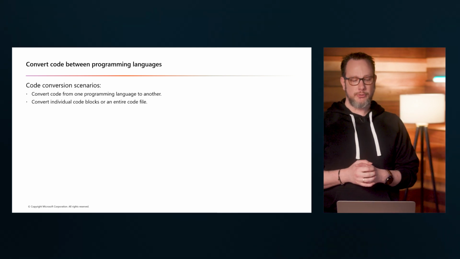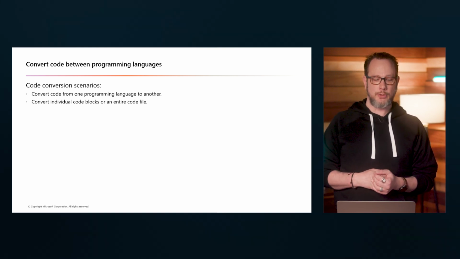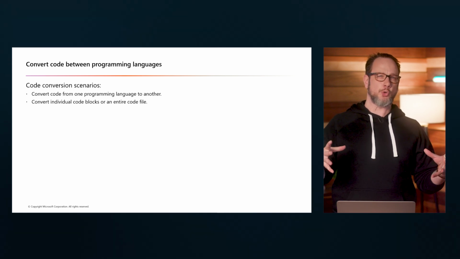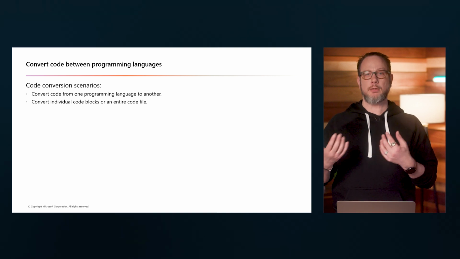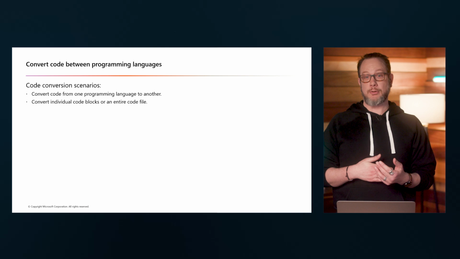So you could think of this as translating code, converting code from one programming language to another, or maybe not just the full application, not the full solution, right? But really using it for, again, an individual file, maybe selecting a snippet of code and asking it to transform.